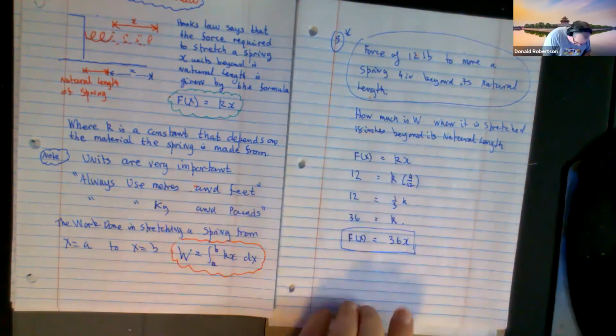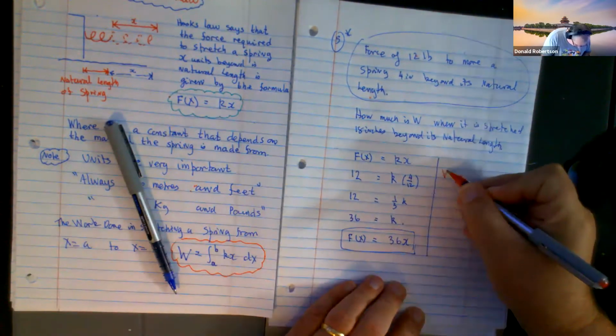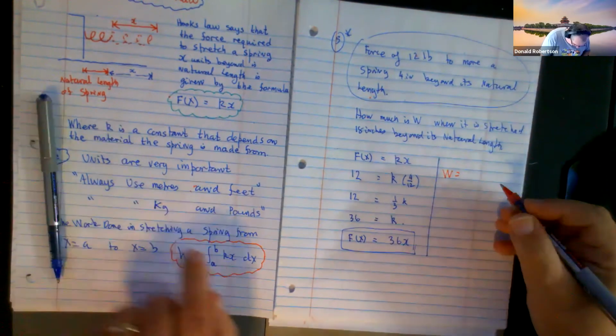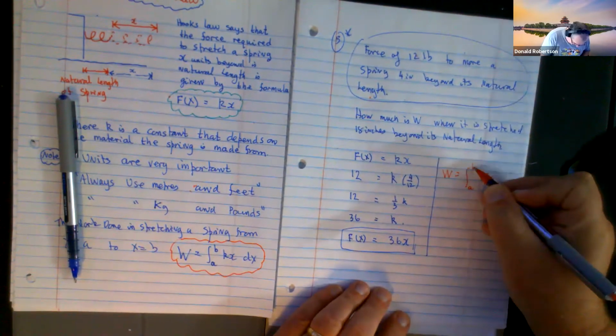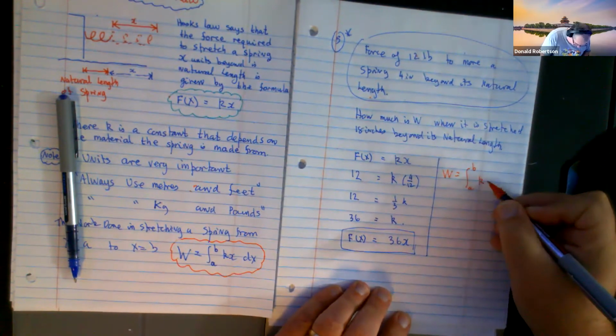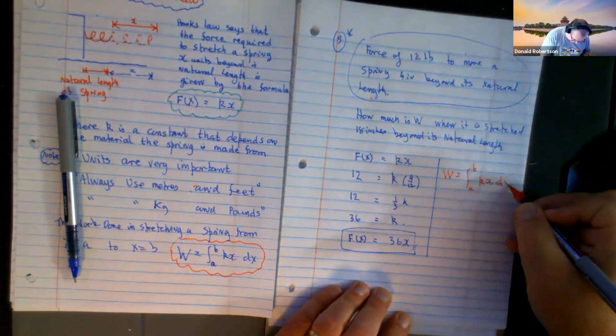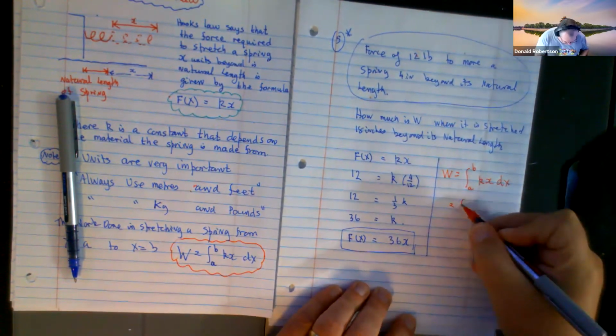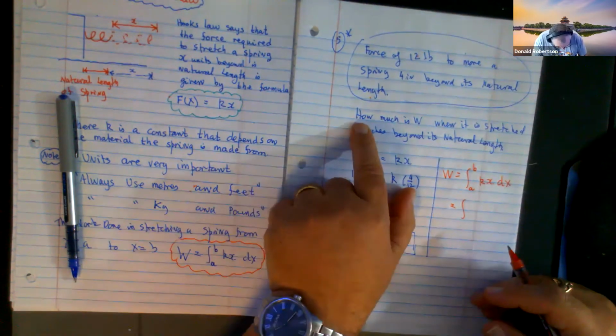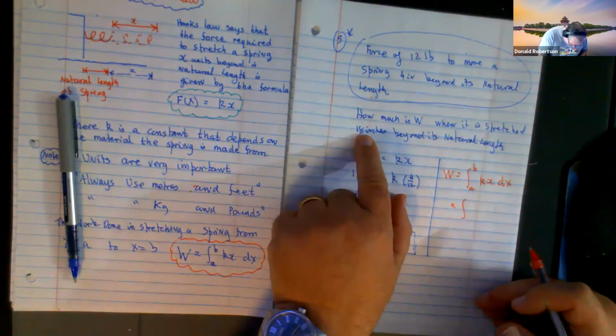So when it says how much work is done, it's going to be the integral from A to B of K times X dx. Well, let's see. How much work is done in stretching 18 inches beyond its natural length.